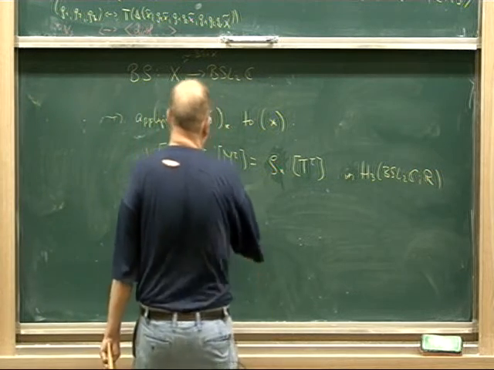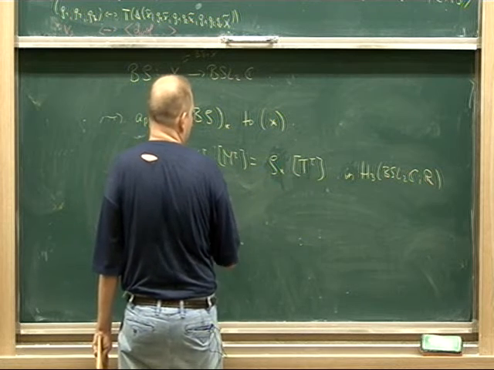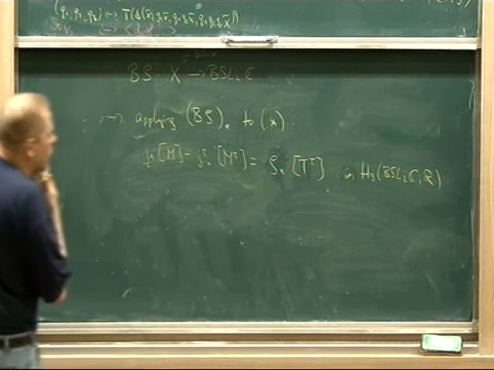So to prove that these two things are equal, one has to show that this right hand side is 0, but this is not very hard to show.